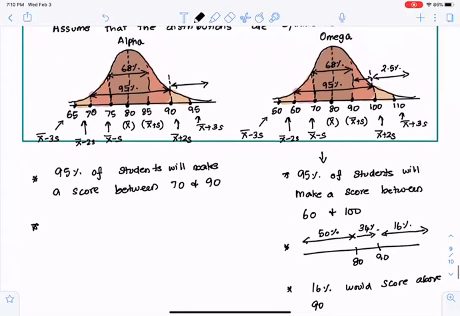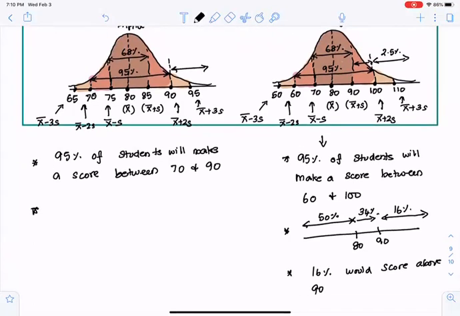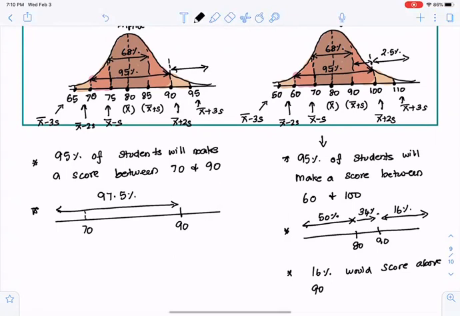If we look at Professor Alpha, on the other hand, 97.5% would lie below 90. The reason being 95% is between 70 and 90, which would mean 2.5% has to lie below 70.